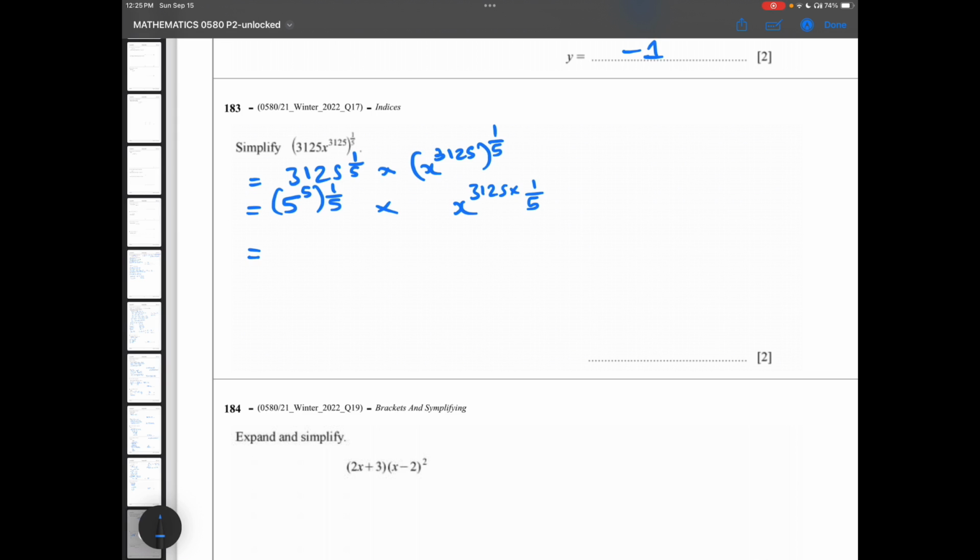So over here we can see that we have again power on power. So these powers will be multiplied, 5 and 1 upon 5, and this 5 cancels out with each other. So we get 5. Now 3125 divided by 5 is basically 625.